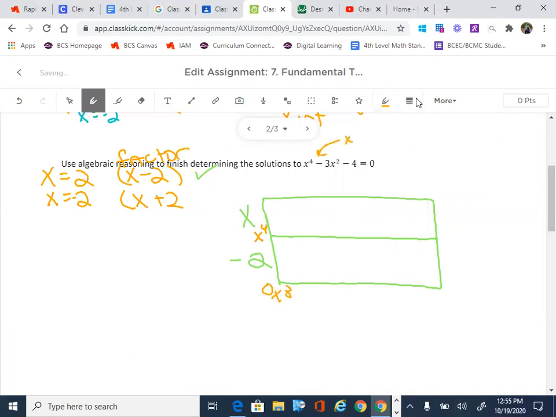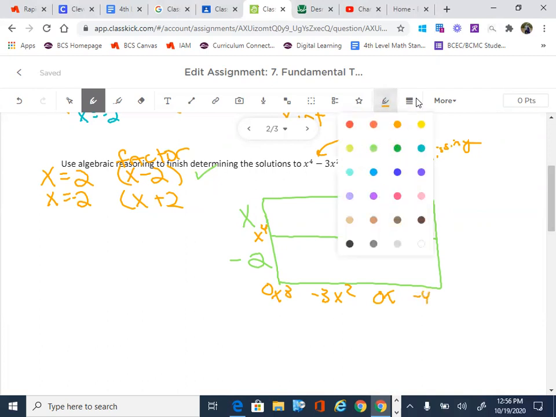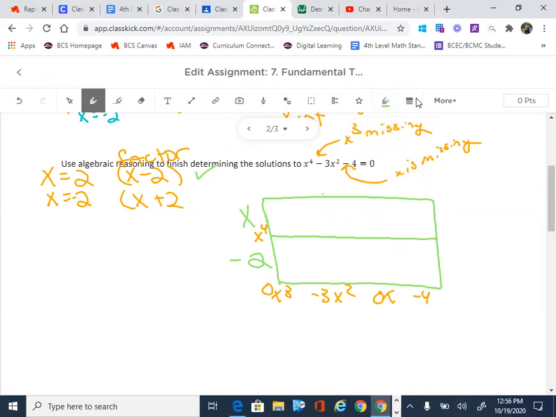Notice that x cubed is missing. Then I'm going to write negative 3x squared, and 0x. Notice x is missing. And then I'm going to write -4. Once we have that, we can go ahead and draw the rest of our lines for our area model.